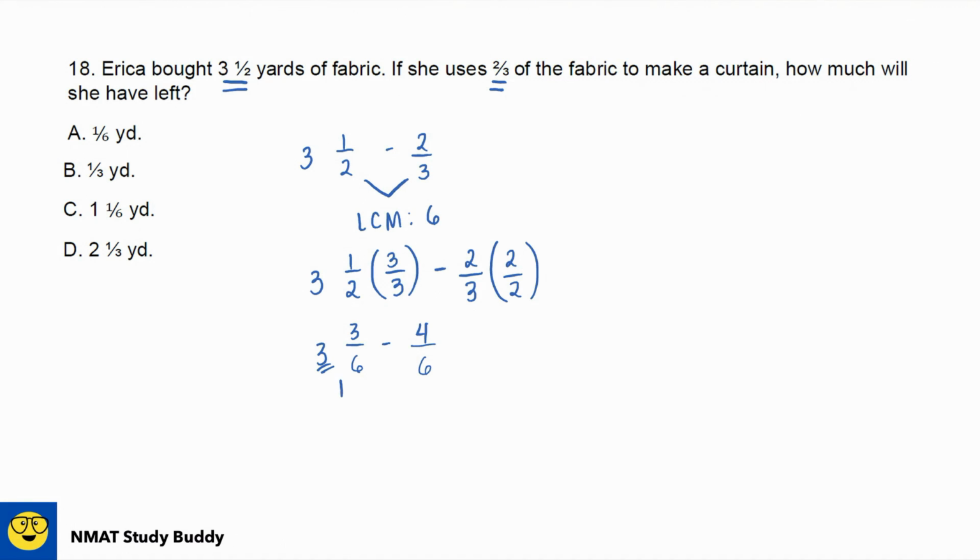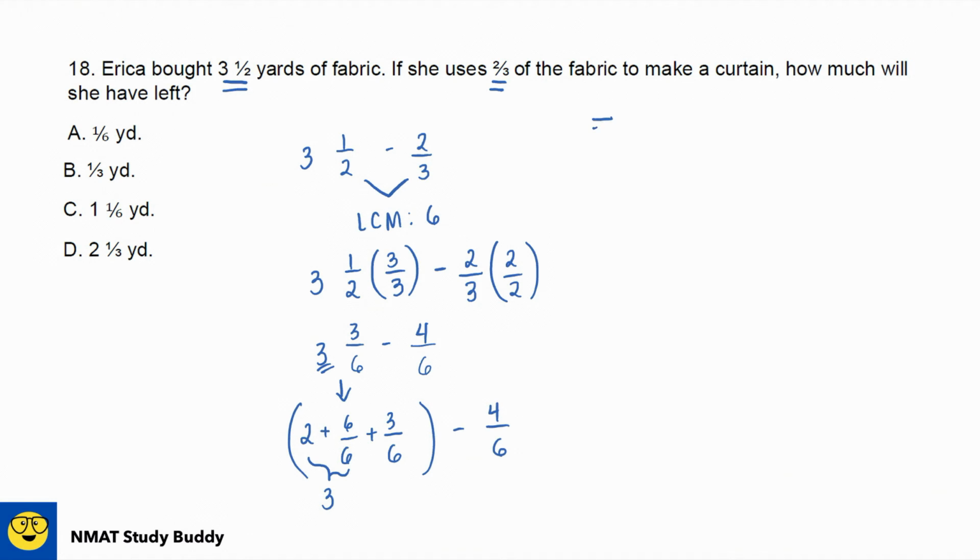So, this 3 and 3 over 6 will become 2 plus 6 over 6 plus 3 over 6. This 2 plus 6 over 6 is also equal to 3. Then, minus 4 over 6.